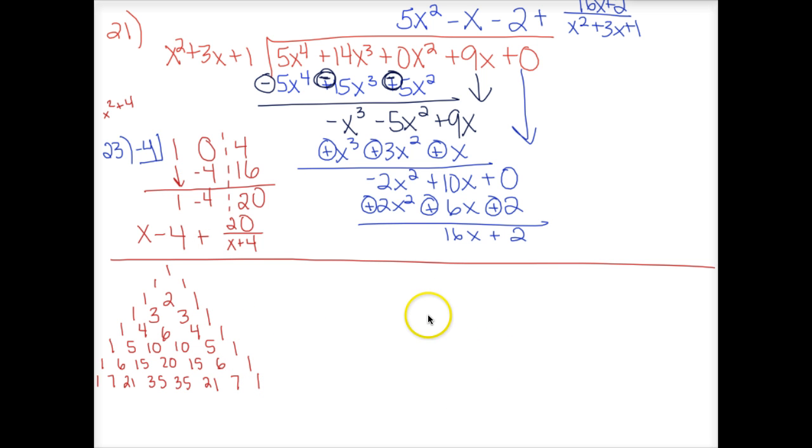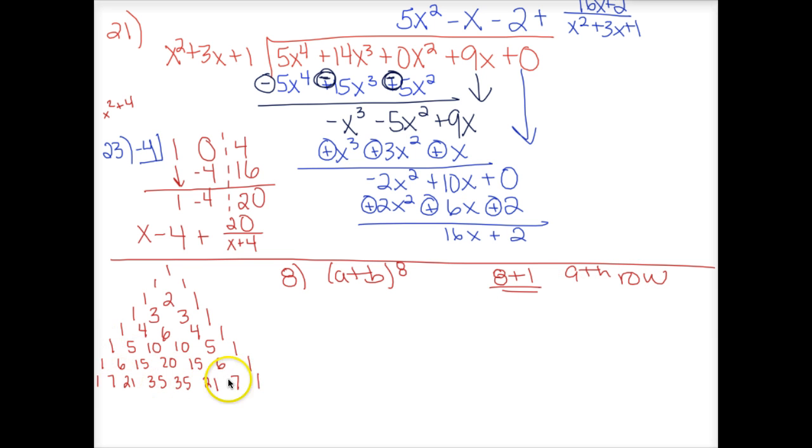Number 8 is the only one where it actually asks you to do the whole problem using Pascal's triangle. So it's a plus b raised to the 8th power. Remember, whatever your exponent is, you add 1 to get the row. So the 9th row of Pascal's triangle is what we need.